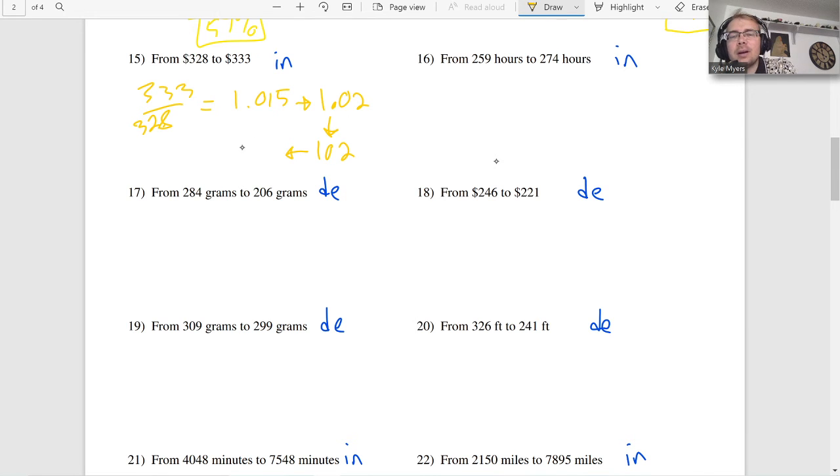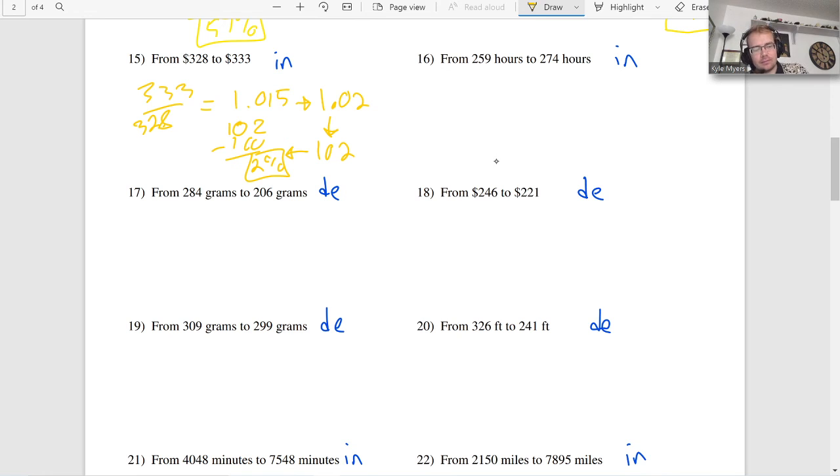And we would subtract from 100, right? Or subtract by 100 in this case. We get 2%. Like milk, 2%. That's not very much of an increase, right? $328 to $333. You only got $5, right? So not a big change.